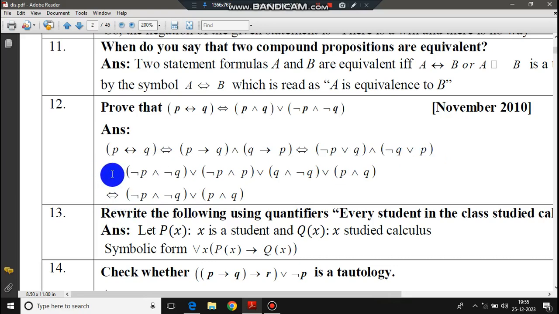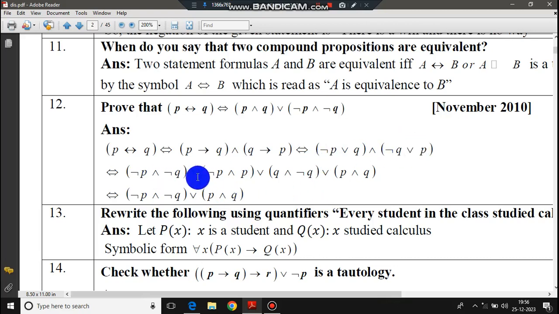Now look at this. This is exactly equivalent to this one, that is negation P and negation Q or negation P and P. That is, the distributive law is used here, negation P and negation Q. That's what we have here.